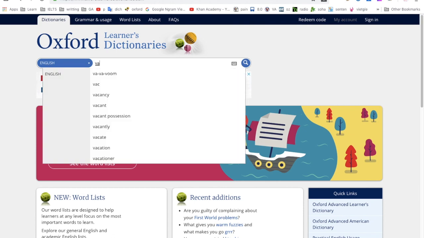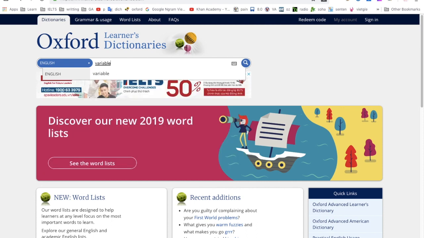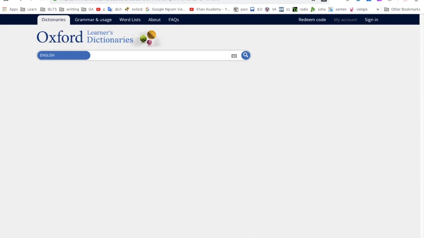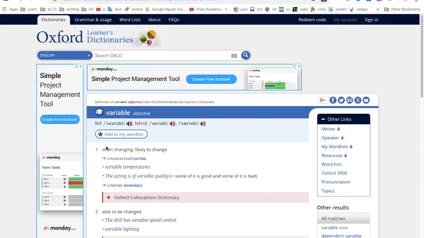Variables are often changing, likely to change, right? For example, the variable temperature. Of course, the temperature changes every time. Sometimes it's 30 degrees Celsius, sometimes it's 25, and it depends on the place you are living, right?